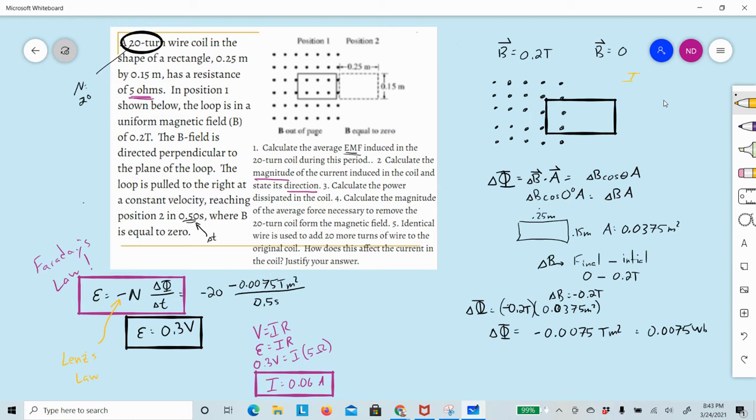So current will flow in the direction to put a B field out of the page.